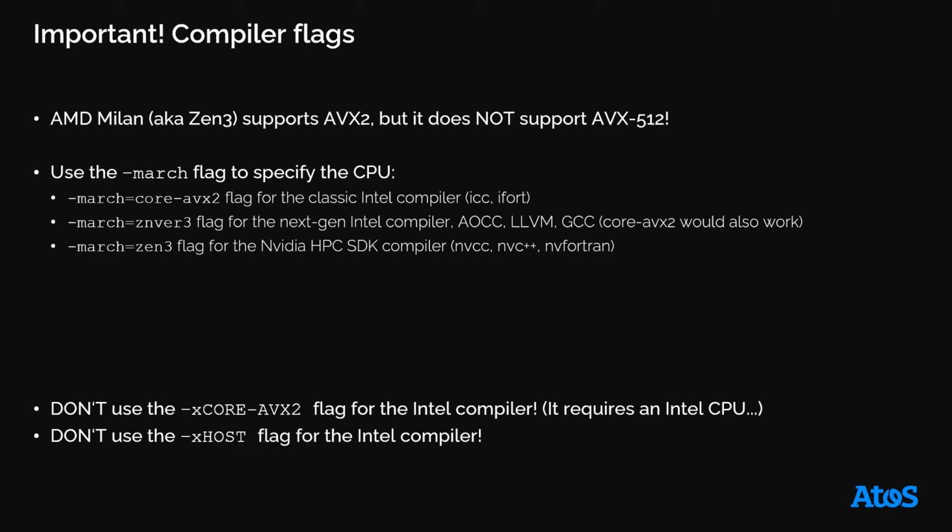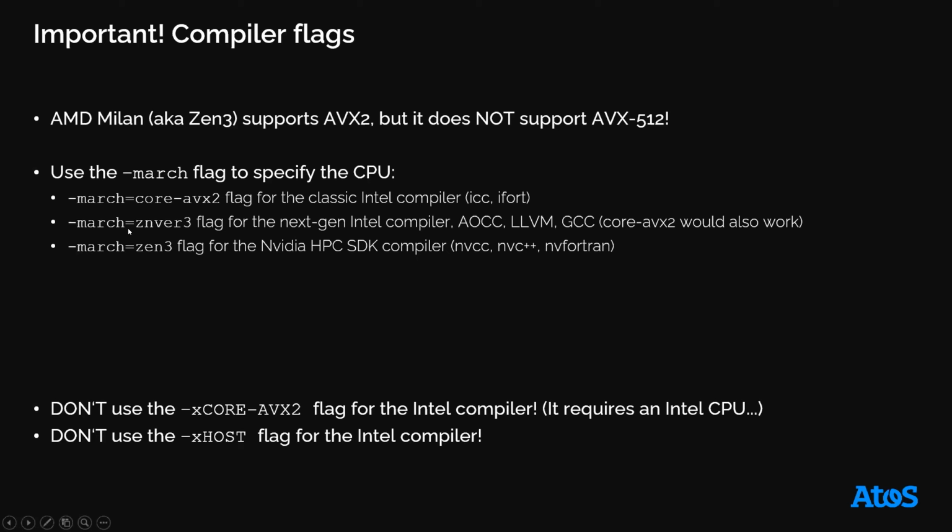Do not use the -x flag for the Intel compiler: do not use -xCORE-AVX2 and do not use -xHost. If you're lucky, it only says, you don't have an Intel CPU, you need to recompile. If you're unlucky, it will just run very slowly.